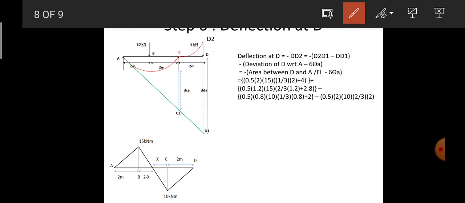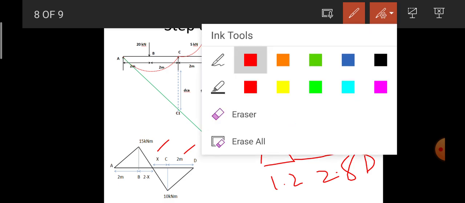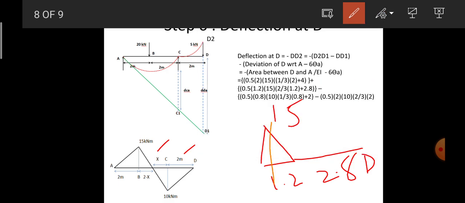Coming to the next triangle, it is 15 here, 2 minus x is 1.2, and the distance from here towards D is x plus 2, that is 2.8 meters. If I mention this as the centroidal axis, the distance from here to here will be 2/3 of 1.2.